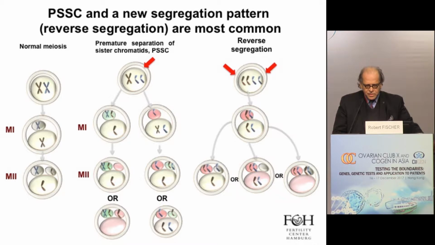And you can also have what's called reverse segregation, and here you can have 3 different end results of the chromatids in the polar bodies or in the nucleus of the oocytes. So, as I said before, it's very crucial to understand all this and to make the correct interpretation when you look at the results.